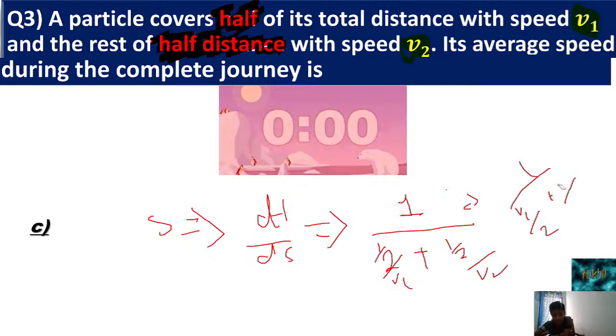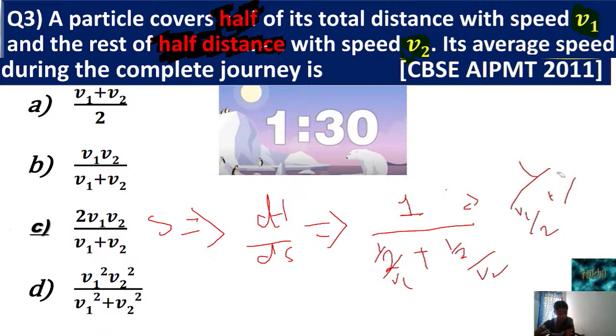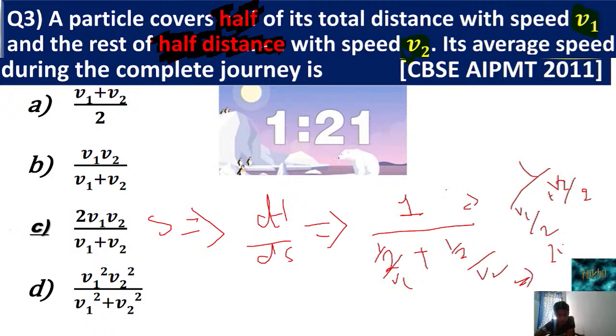Sorry guys, what I have done. It will be 1 by 2 v2. If you fill it, you will get 2 v1 v2 by v1 plus v2.